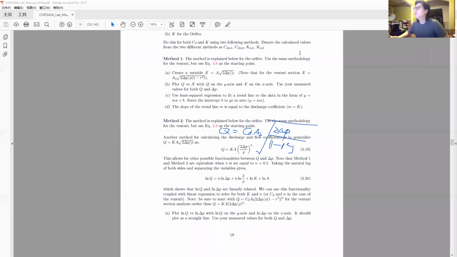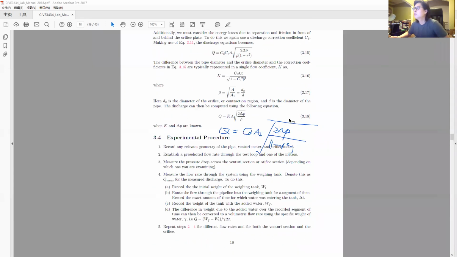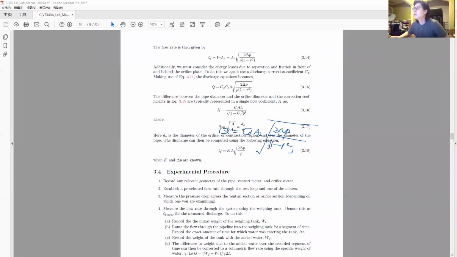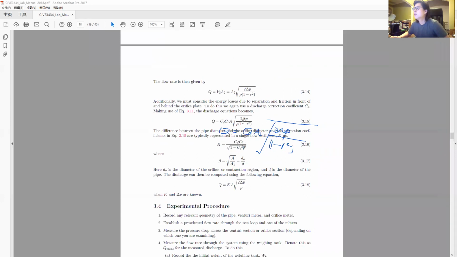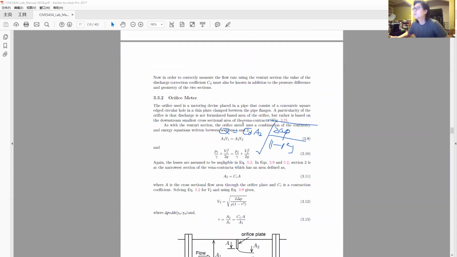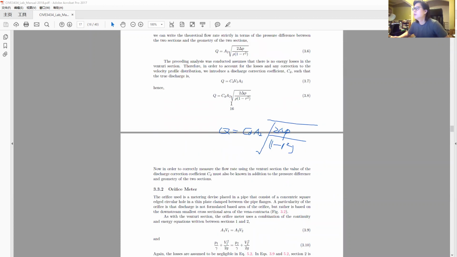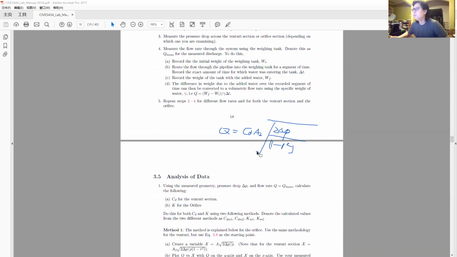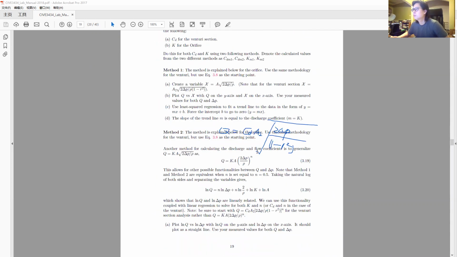I don't remember if it's correct. There's a rho in here for the Venturi.